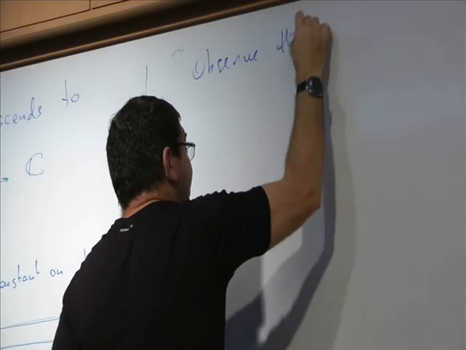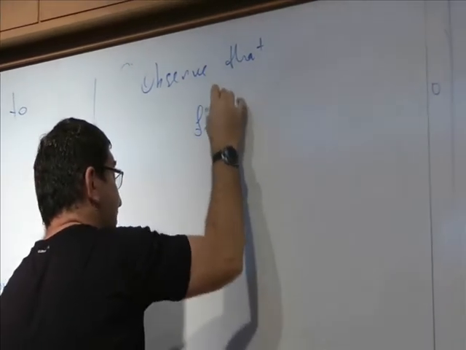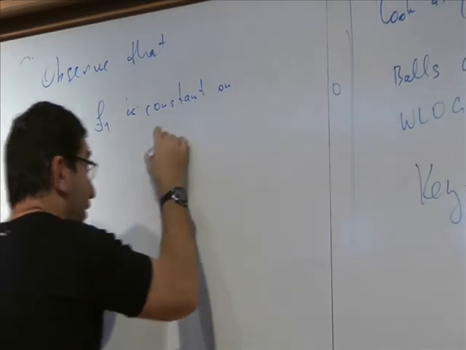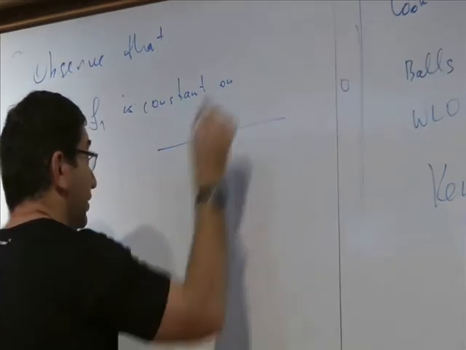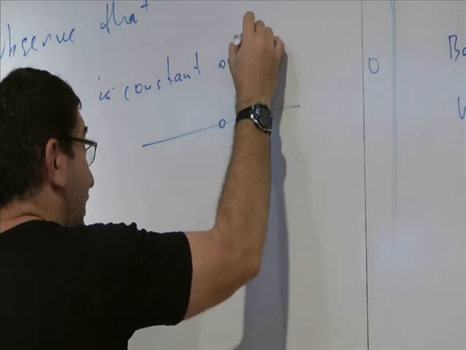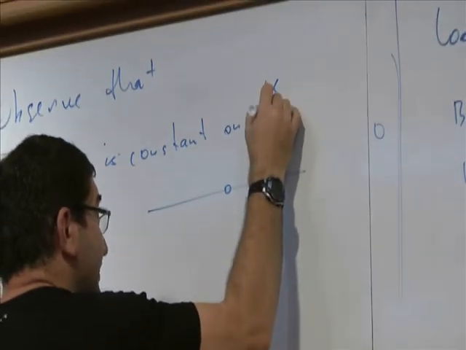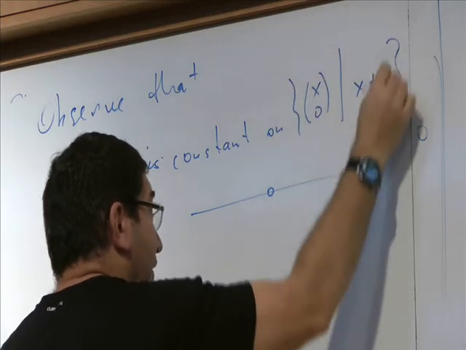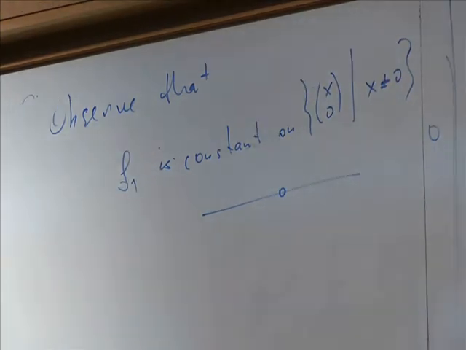Observe that f1 is constant on this as well. On x0, x not equal to 0. On this thing. Why?